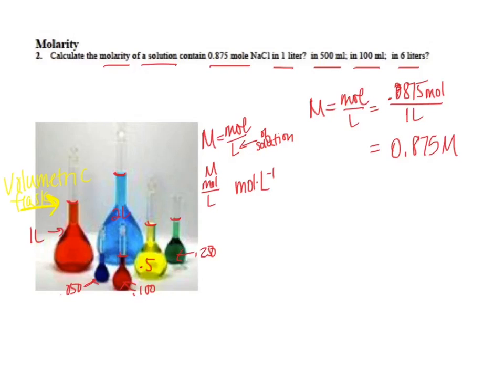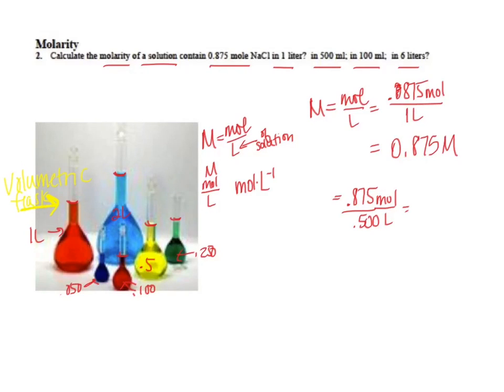If we do it for 500, we're going to have 0.875 moles over 0.500 liters.